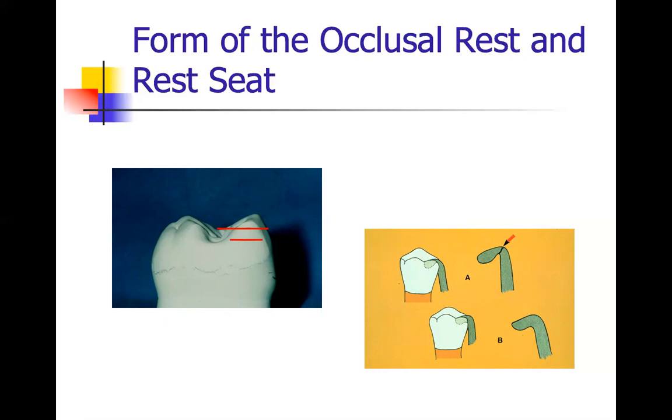This means that a reduction of the marginal ridge of approximately 1.5 millimeter is usually necessary. If it is not reduced sufficiently, it will break at the neck.